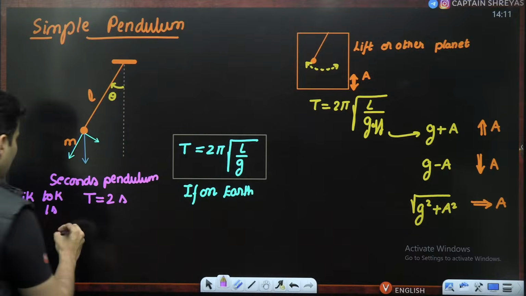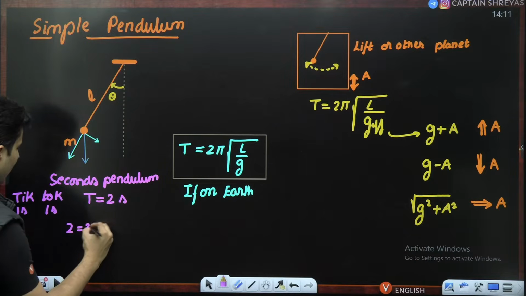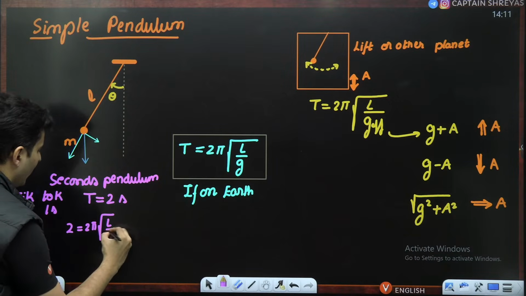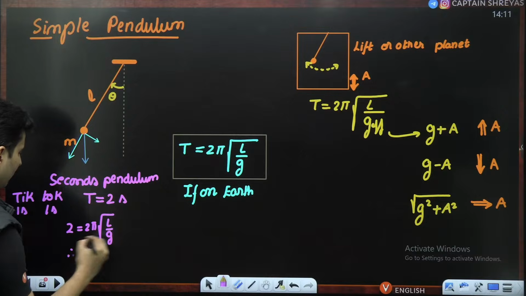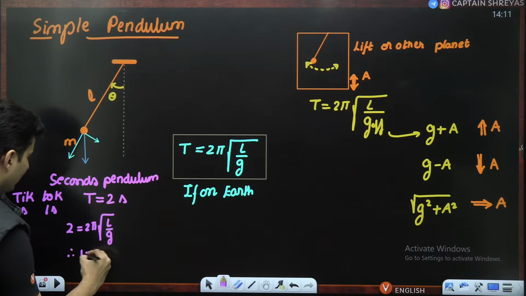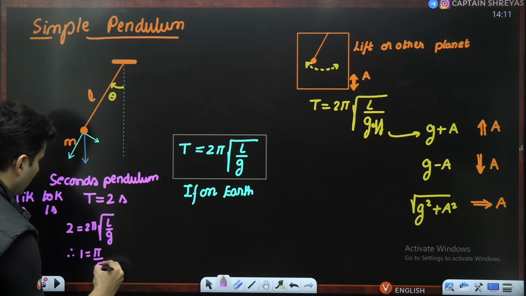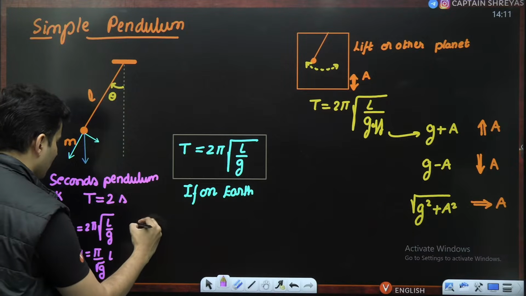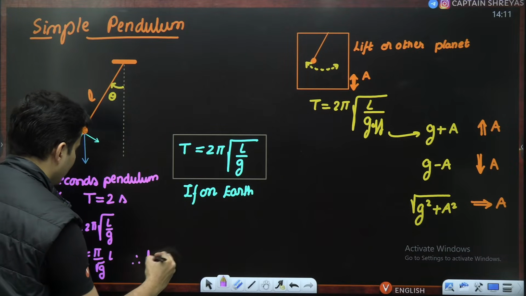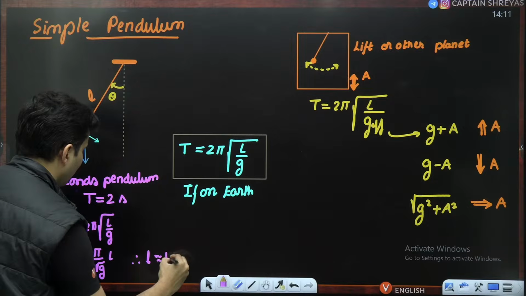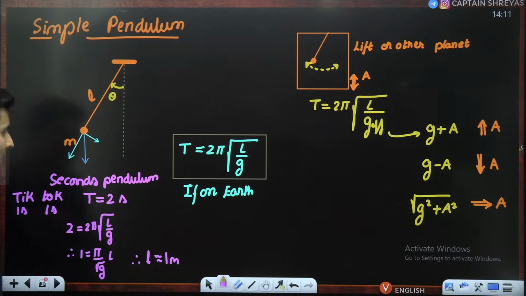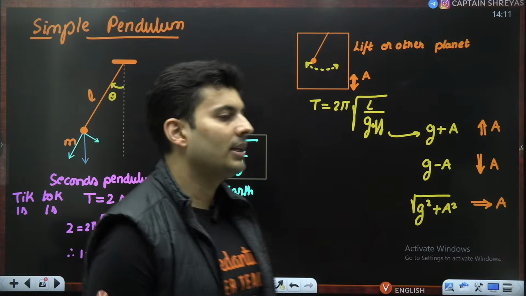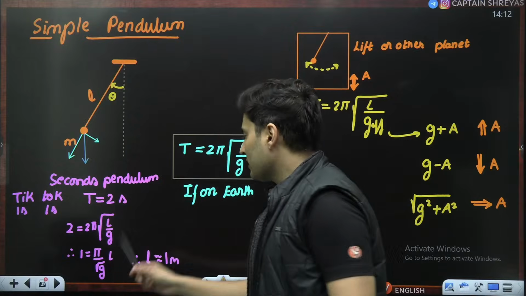So if you put the time period as 2, you will get 2 = 2 pi root L by g, the 2 cancels. So you will get 1 = pi by root g into root L. But pi and root g are roughly the same. So you will get length approximately 1 meter for a seconds pendulum. Very, very important thing. Please remember pi is root g.